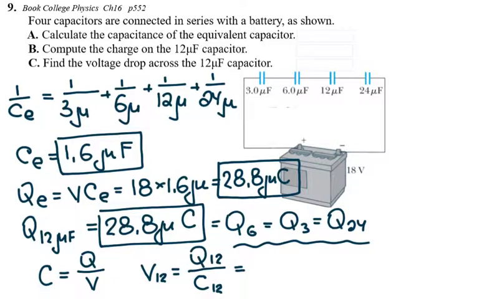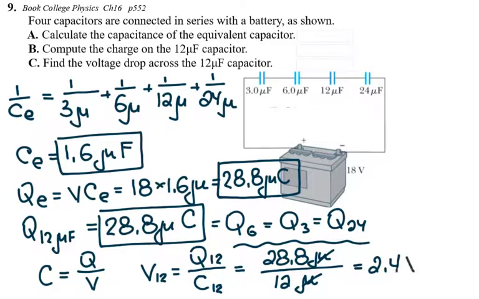So I have the charge is 28.8 microcoulombs divided by the capacitance, which is 12 microfarad. Micro and micro will cancel, and I have 2.4 volts dropped on the 12 microfarad capacitor. So if you measure the voltage between those 2 points, you have 2.4 volts right here. And then you can calculate the same.